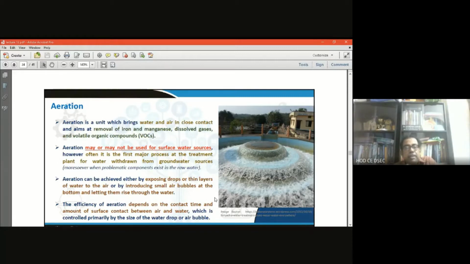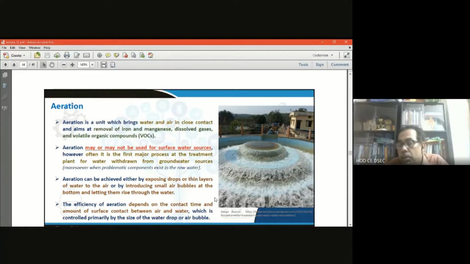Now, aeration can be achieved by exposing drops or thin layers of water to the air, or by introducing small air bubbles at the bottom and letting them rise through the water.